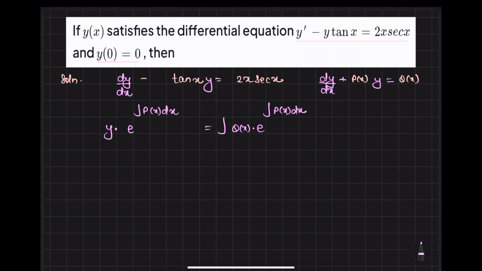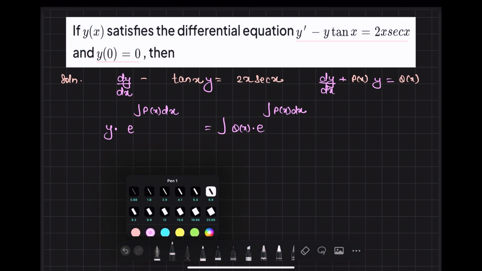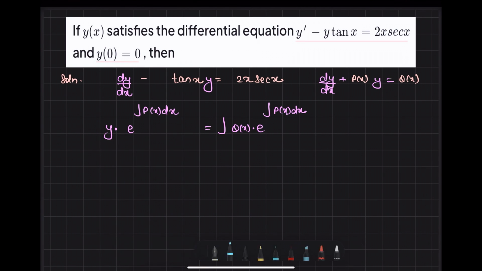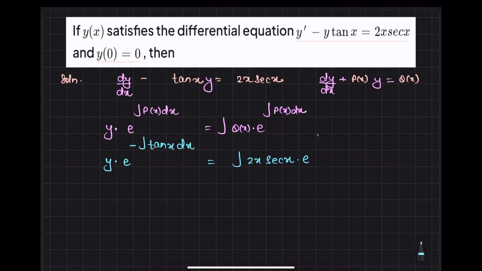Okay, now let's substitute these things. So we have y times e power minus integration tan x dx is equal to integration 2x sec x e power integration minus tan x dx.